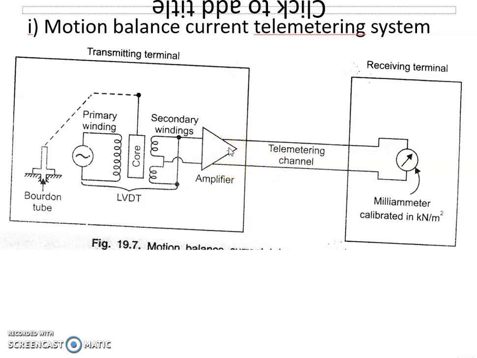So this voltage produces a DC current in the telemetering channel, and it is measured by a DC milliammeter directly calibrated in terms of pressure being measured. So this is the working of motion balance current telemetering system.